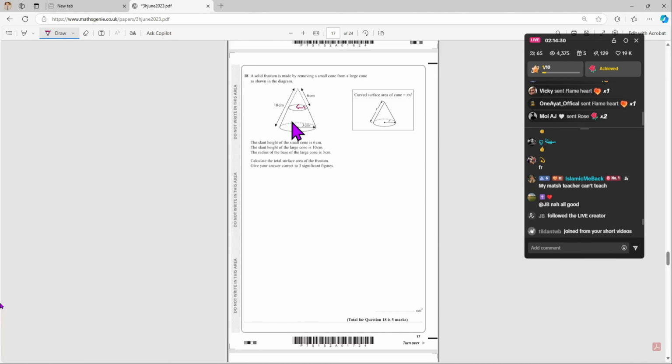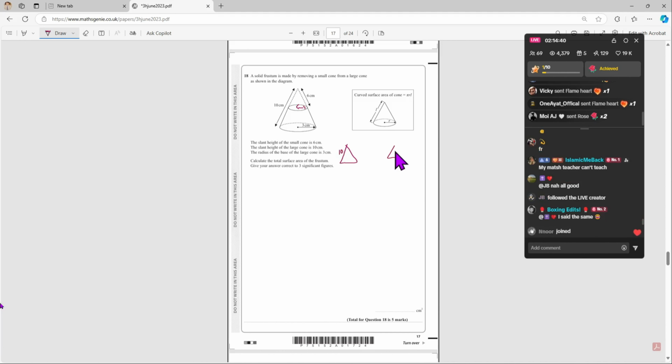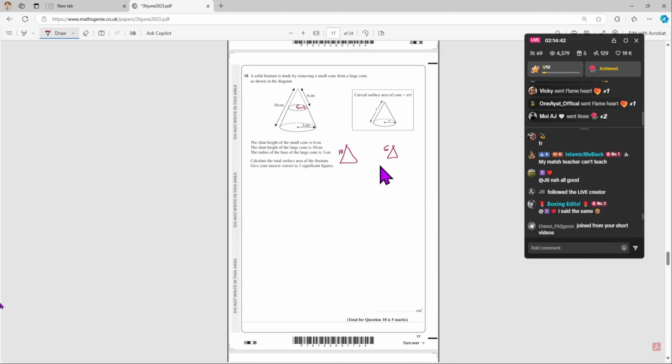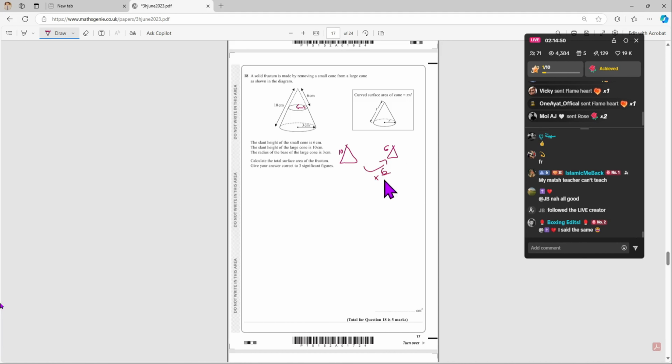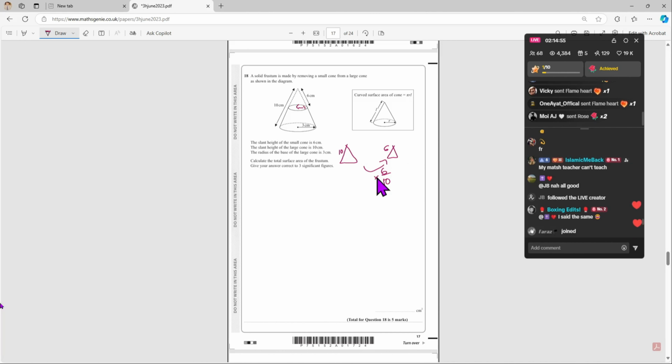The big triangle has a slanted height of 10, and the small triangle has a slanted height of 6. To get from 10 to 6, we have to multiply by 6 over 10.